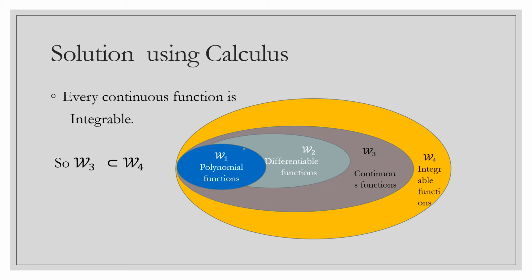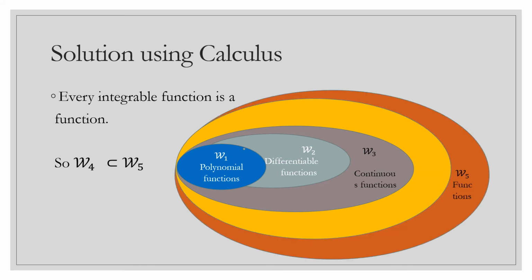Again, using calculus, we know that every continuous function is integrable. So W3 is contained in W4, where W4 is the set of integrable functions. So W1 is contained in W2, W2 is contained in W3, and W3 in W4. Again, using calculus, we know that every integrable function is a function itself.